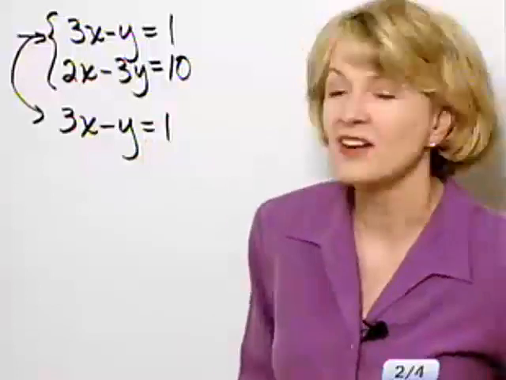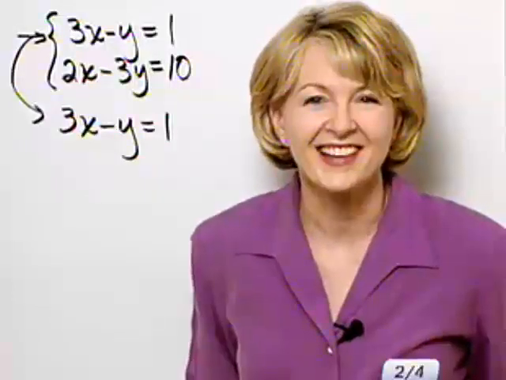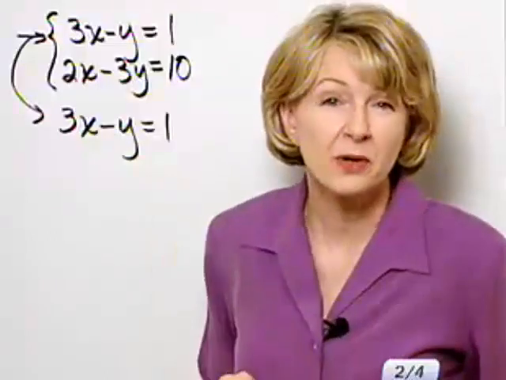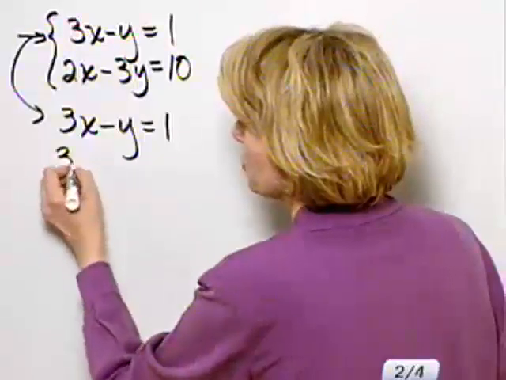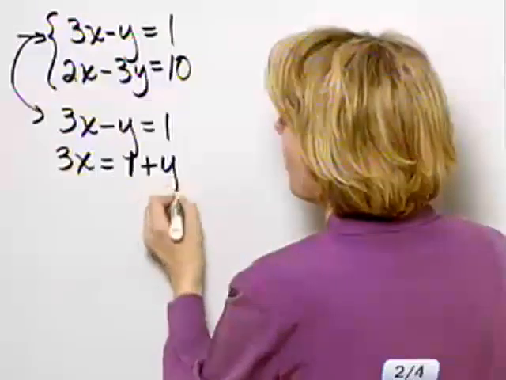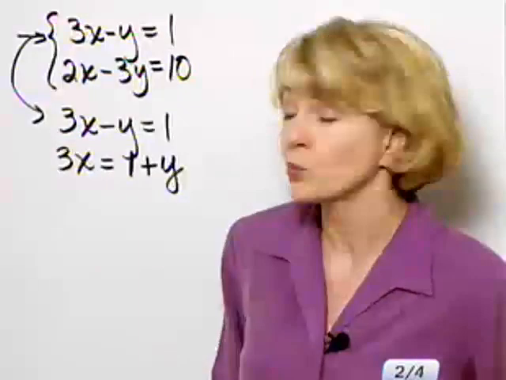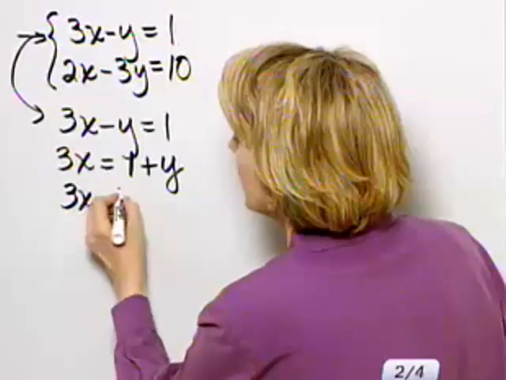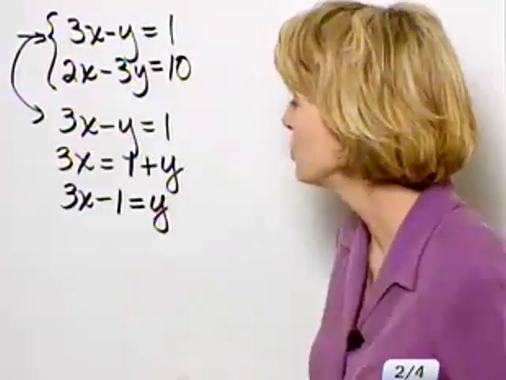How do I solve that for y? It's up to you, but if you'd like, we can add y to both sides. If we do so, we'll have 3x is equal to 1 plus y, and then I can subtract 1 from both sides, so I'll have 3x minus 1 is equal to y.